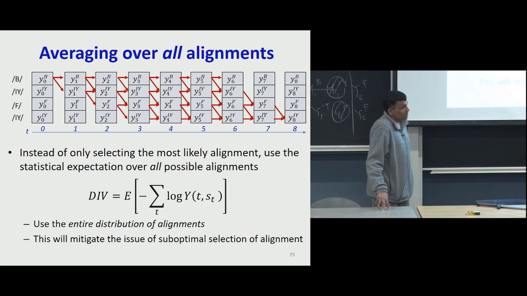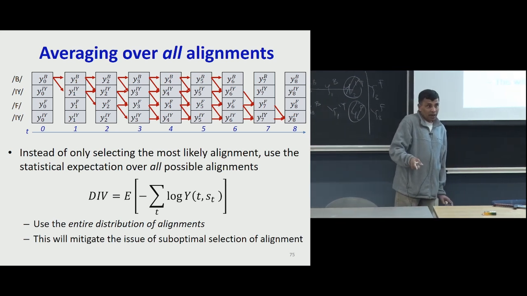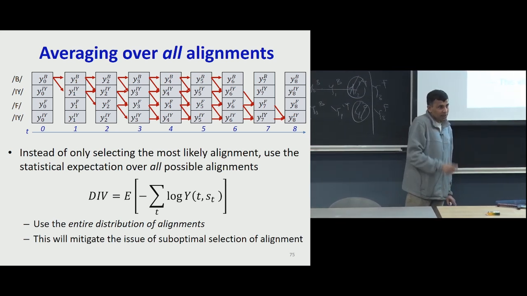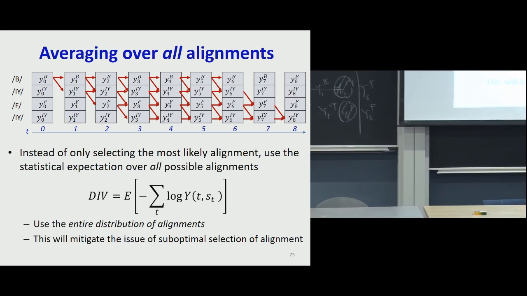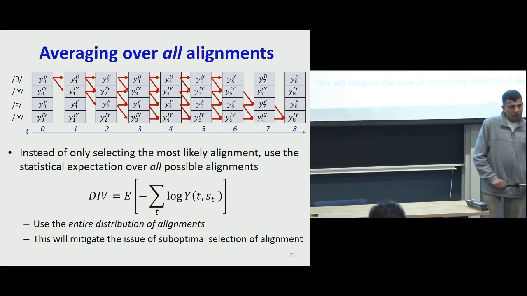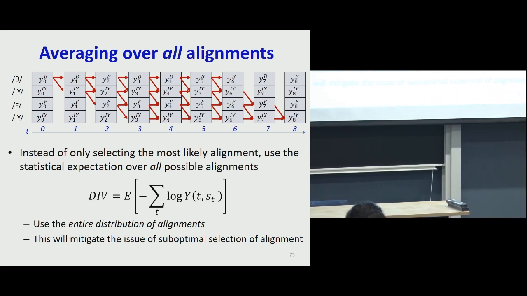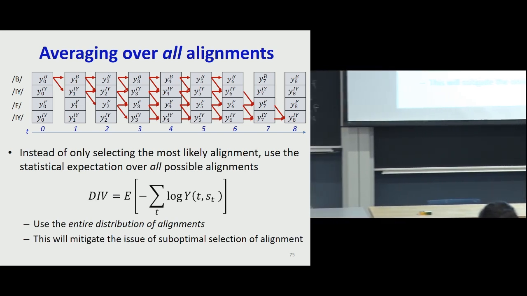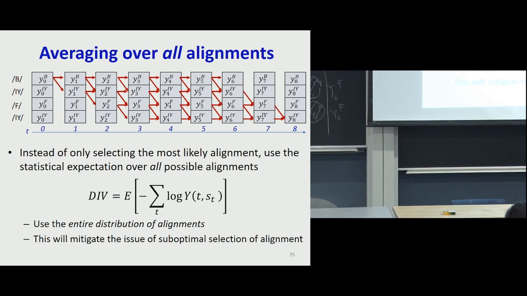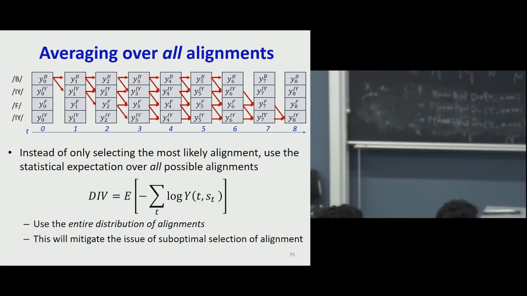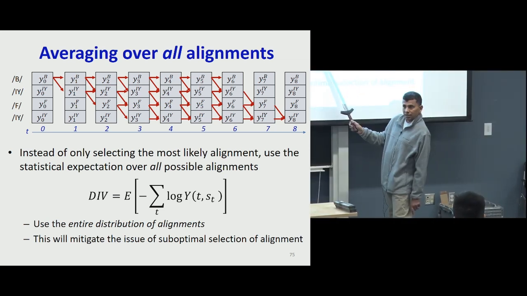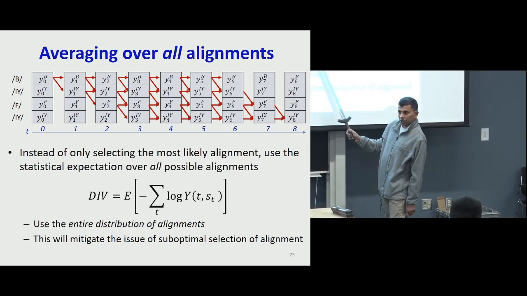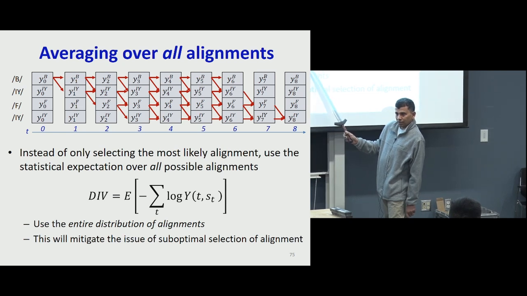And so basically, what is the divergence itself? Now look at it: if I'm using one-hot representations, then for the target output, if I have a given alignment, the divergence is going to be simply the negative of the sum over all time instances of the log of the probability assigned to the target symbol in that alignment by the network, right?